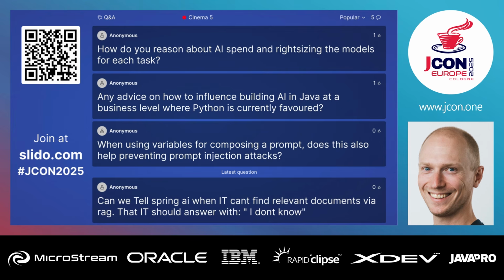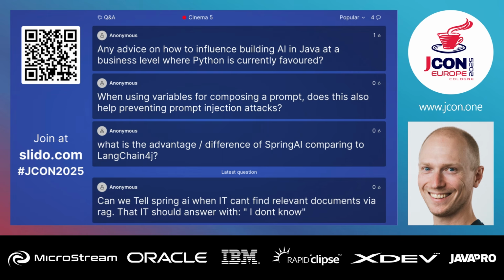Any advice on how to influence building AI in Java at business level where Python is currently favored? I think if you, as a company, are a Java company, you're not doing Python otherwise. I don't think this is necessarily the place where you want to start using Python just for the heck of it.